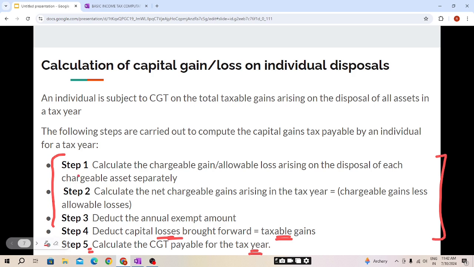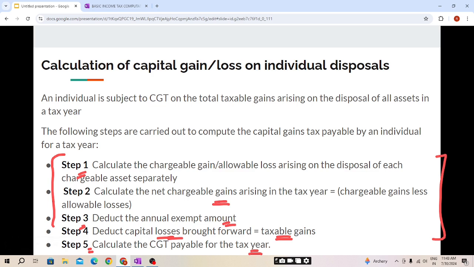The first step will be to calculate the chargeable gains for each chargeable asset separately, then calculate the net chargeable gains arising in the tax year, that is chargeable gains less allowable loss. Then the third step is, students, deduct the annual exempt amount, then deduct capital loss brought forward, then we need to calculate the capital gains tax payable for the tax year.